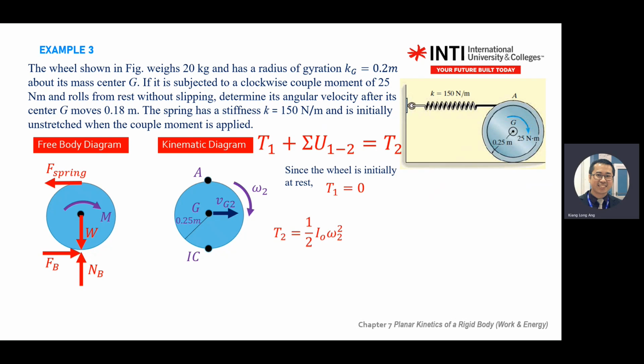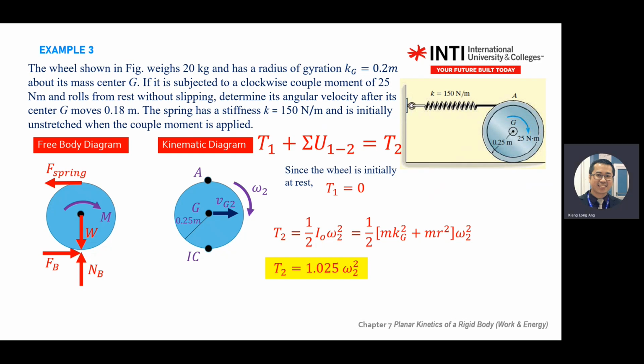So T2, again, you have omega. Omega gives you half I omega squared. You're dealing with a rigid body, so I omega squared. You're using IO. IO equals IG plus m d squared. Using IO, because you are referring to A, you need to find the angular velocity of that.